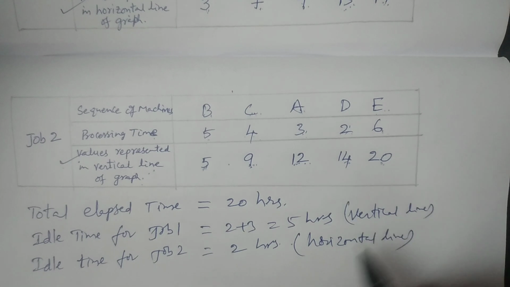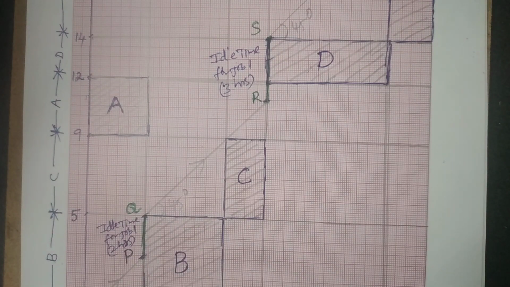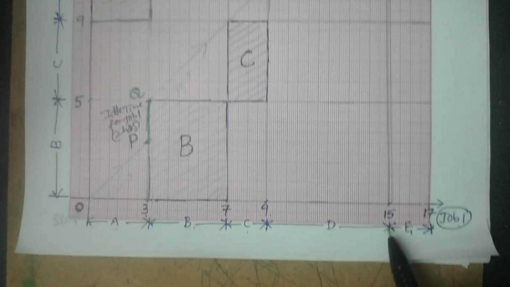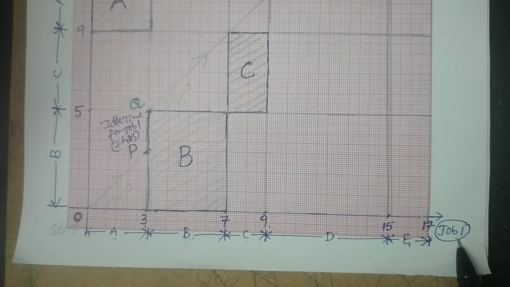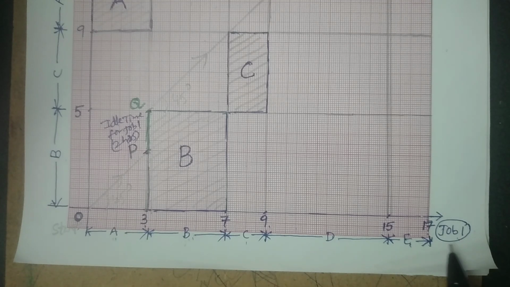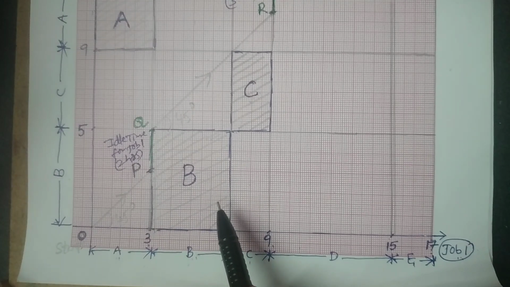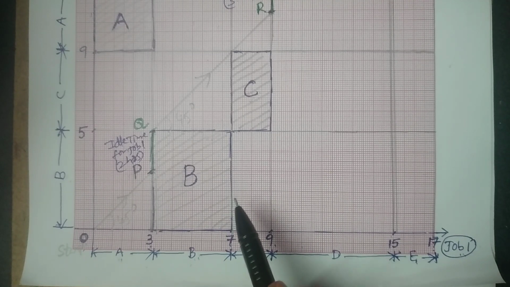You have to remember that if you have represented the processing times of job 1 on the horizontal line, then any vertical line identified after drawing the diagonal line is an idle time for job 1.